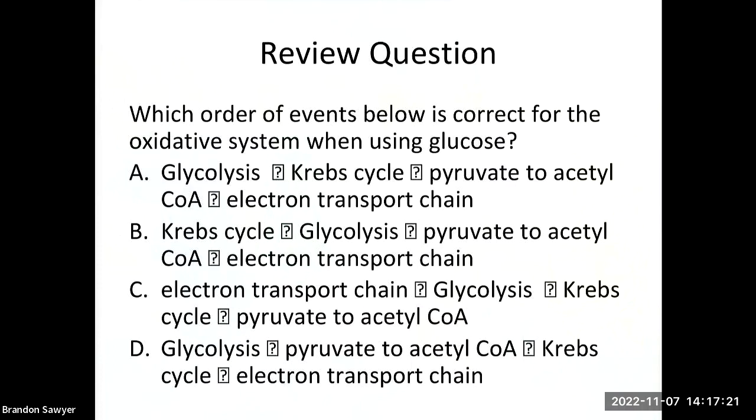Need a few more of you to send it in still. There we go. Good. All right, and 93% of you are saying D there. So we start with glycolysis. That's glucose to pyruvate. Then we've got to turn pyruvate into acetyl-CoA. That's going to start the Krebs cycle. Krebs cycle is going to make most of those NADHs and FADH2s. Those are going to go to the electron transport chain to finish us off there.